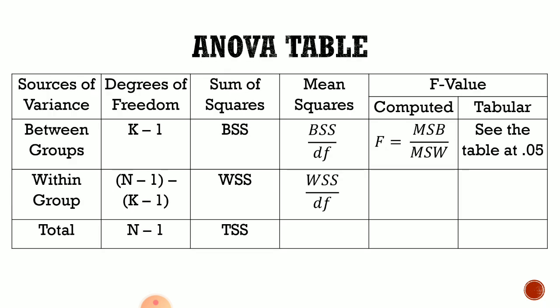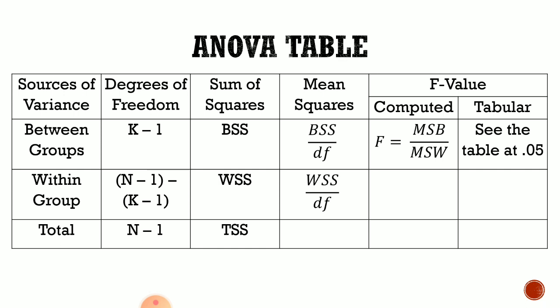We have here the ANOVA table. So we have the sources of variance, the degrees of freedom, the sum of squares, the mean squares, and the F value, which is subdivided into two, the computed and the tabular. Under between groups, the degrees of freedom is k minus 1, where k is the total number of groups.